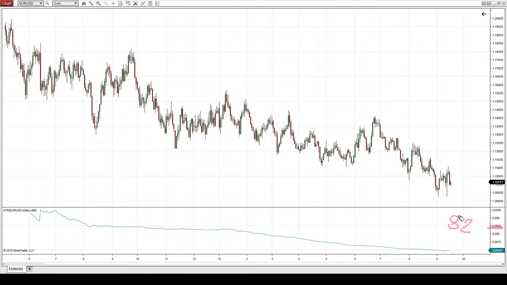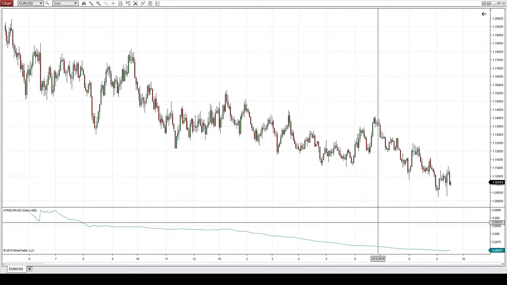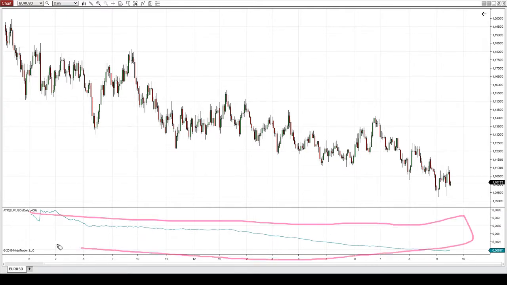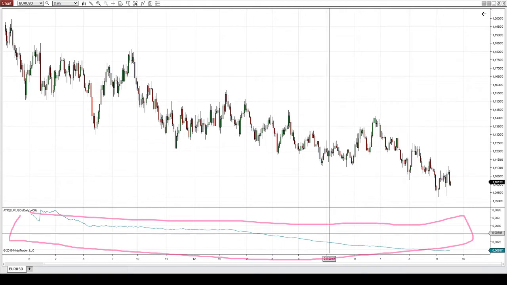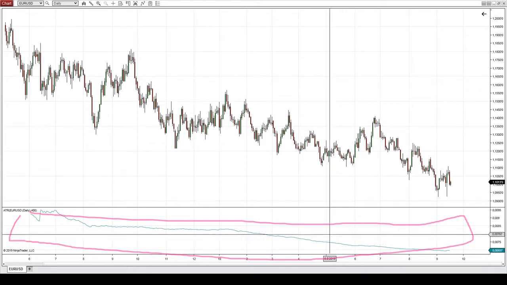All right, that's average daily volatility at this level. So let's say that the average of this whole area is somewhere in here, around 80 pips per day. All right, so average daily volatility is 80 pips per day.